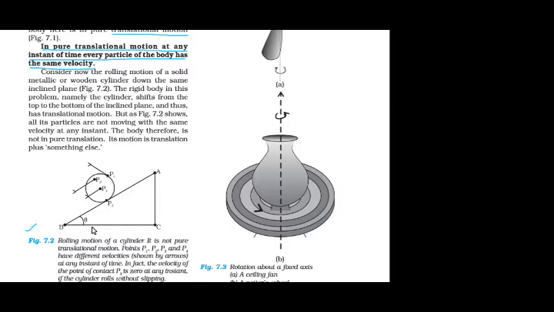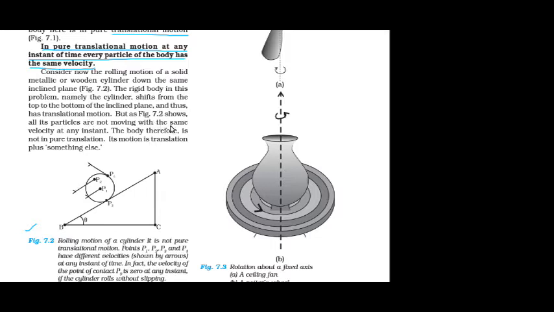Now the block is not moving, a cylinder is rolling down. The rigid body in this problem, namely the cylinder, shifts from the top to the bottom of the inclined plane and thus has translational motion. So in this case also it has translational motion.